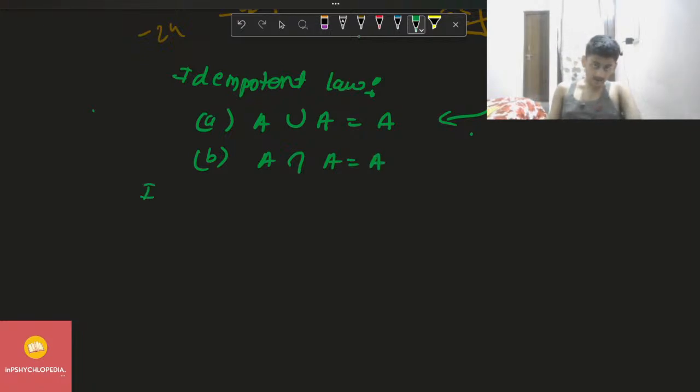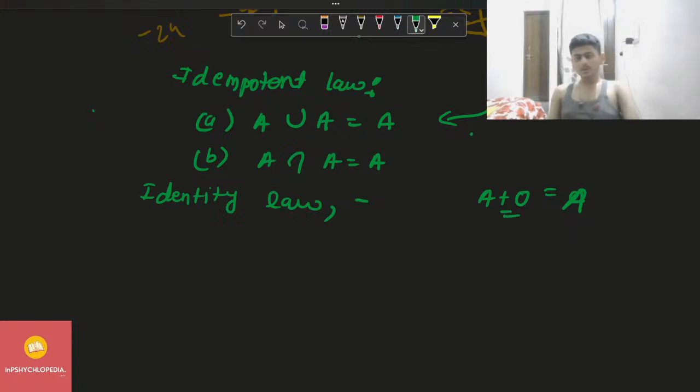Then comes the identity law. Like for addition in numbers, we have 0 as the additive identity, because if we add 0 to any number, it will not lose its identity and it will be the same. And likewise for multiplication, 1 is the multiplicative identity.